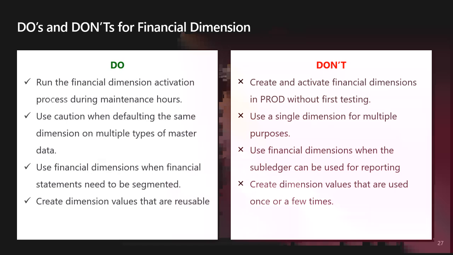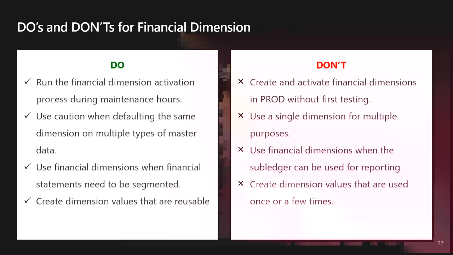So let's talk a little bit about do's and don'ts for the financial dimensions. Some things that you want to make sure that you're doing. You want to make sure that you are running the financial dimension activation process during maintenance hours. Remember, it does make schema changes. We also recommend that you use caution when defaulting the same dimension on multiple types of master data.